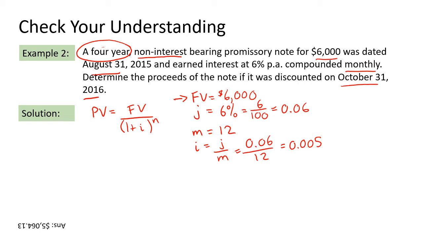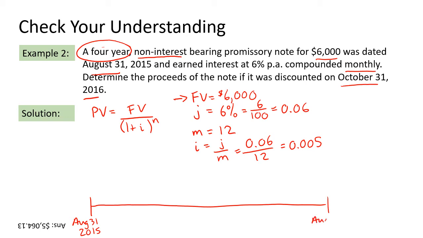So if you consider it, I'm going to draw one of these graphs again. We have August 31st, 2015. That's the starting date. And that means 4 years from then, we have 2015 to 2016, 2016 to 2017, 2017 to 2018, and 2018 to 2019.